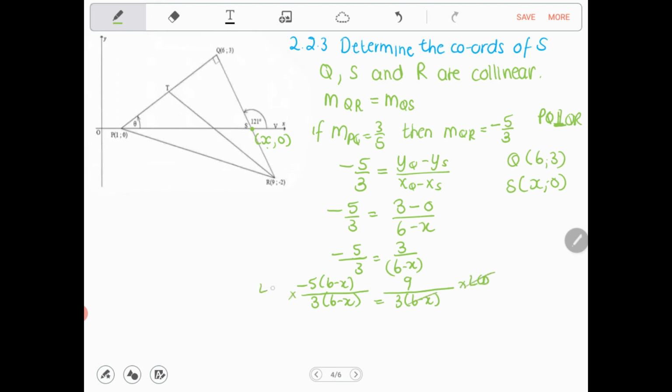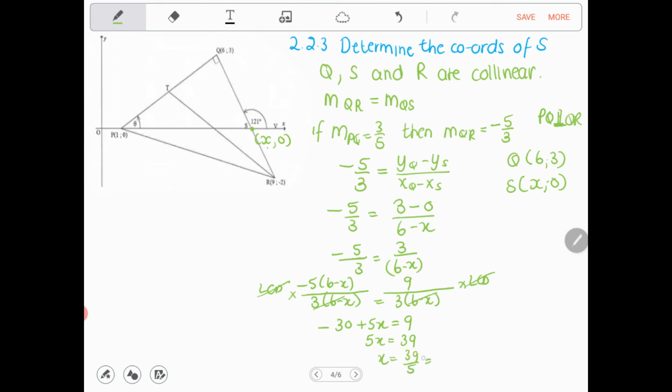Cross multiplication will give you exactly the same thing. So negative 30 plus 5x is equal to 9. Removing my brackets, 5x is equal to 39, and x is going to be 39 over 5.